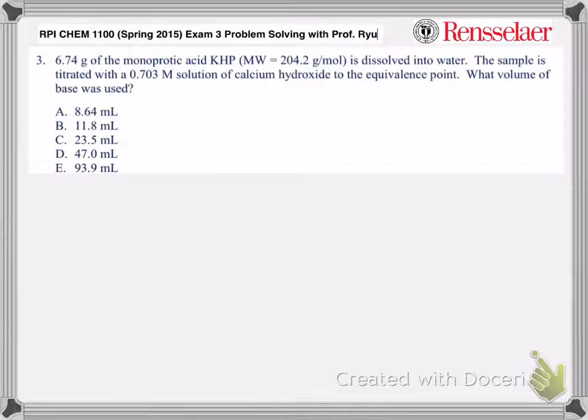Okay, so the problem number 3, this is a continuation of acid-base chemistry. They give us a mass, and this is a monoprotic acid. KHP is actually known as potassium hydrogen phthalate.